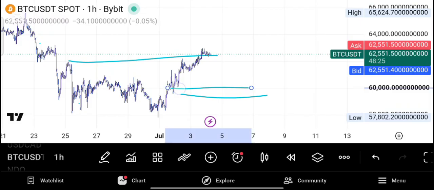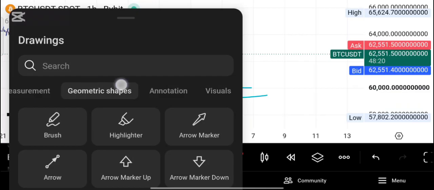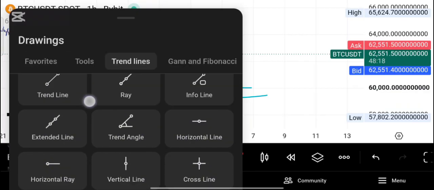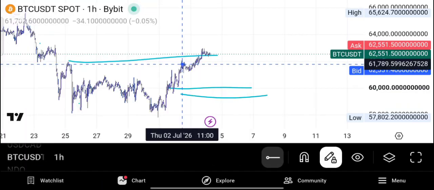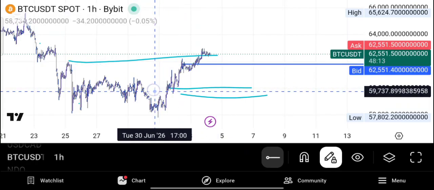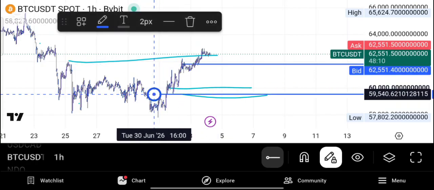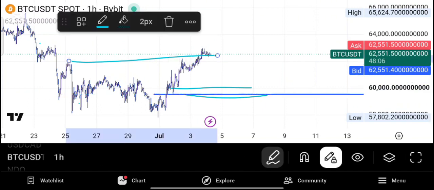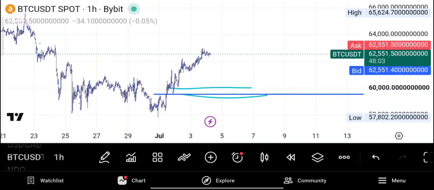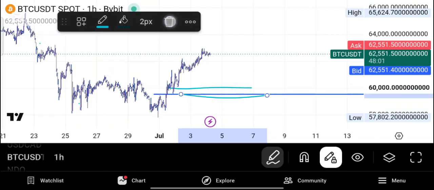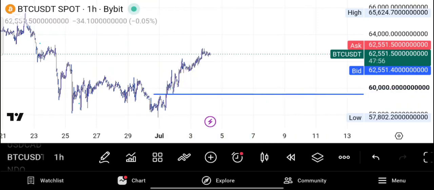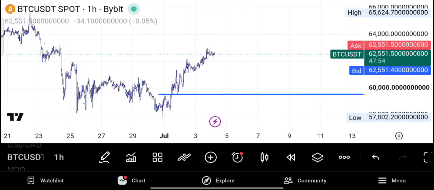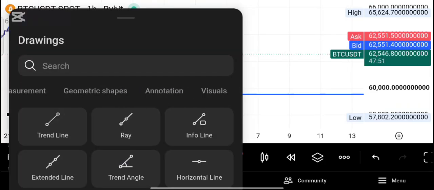So I want price to come and break this structure here.